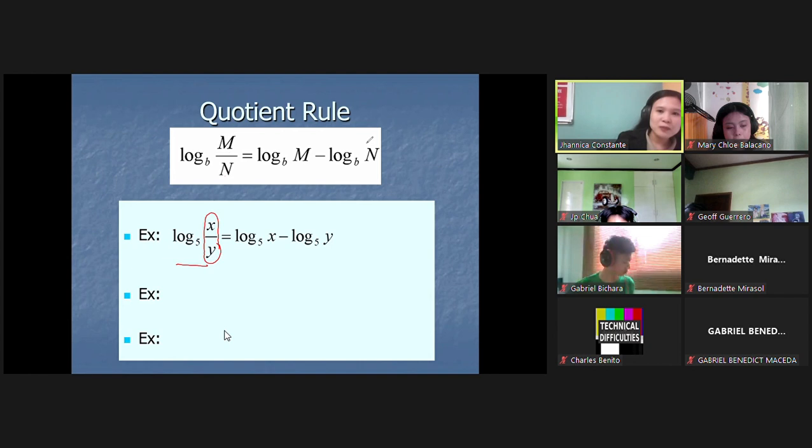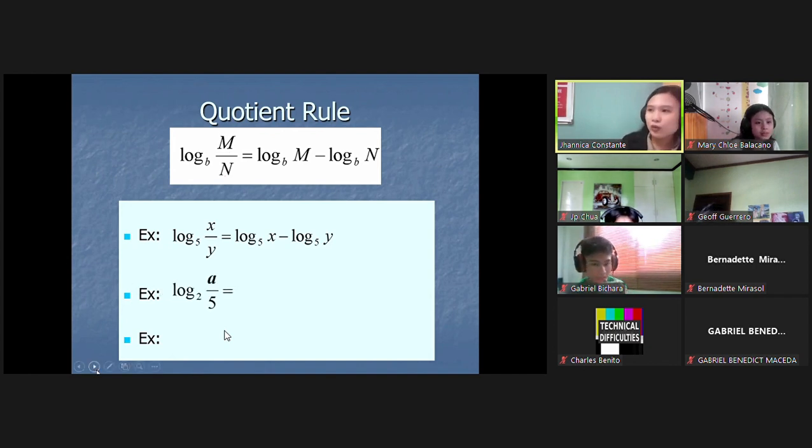Another example, using the quotient rule to expand. For example, we have the logarithm of 2a over 5. So we're going to expand this logarithmic function using the quotient rule.